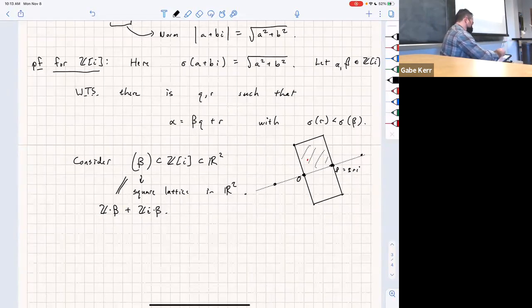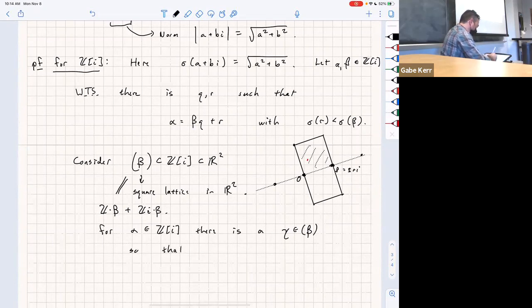So what I'm saying is, for alpha, there is an element of my lattice, gamma, which is a multiple of beta, so that alpha minus gamma is in this square.